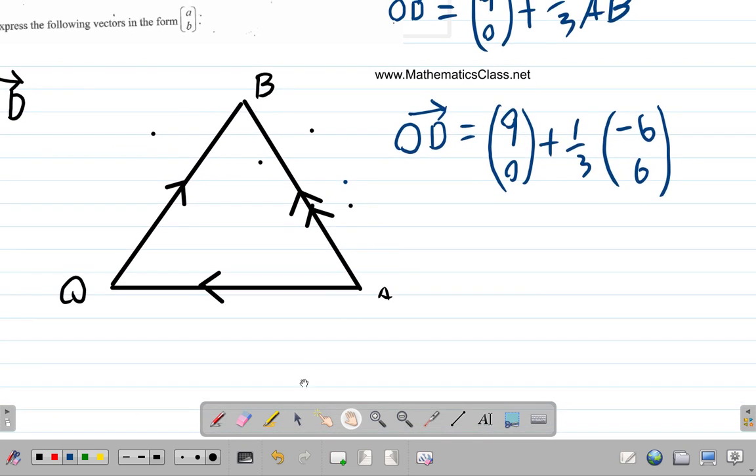Now, the next part of the question where we want to reach is OD equals (9, 0) plus, we must multiply by 1/3. We will find 1/3 of -6.